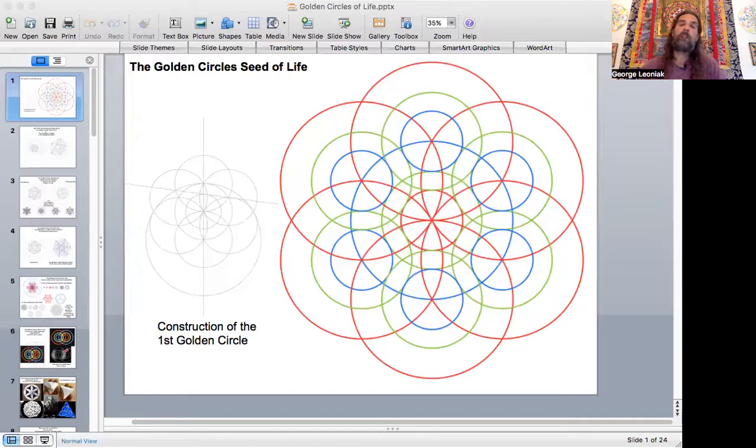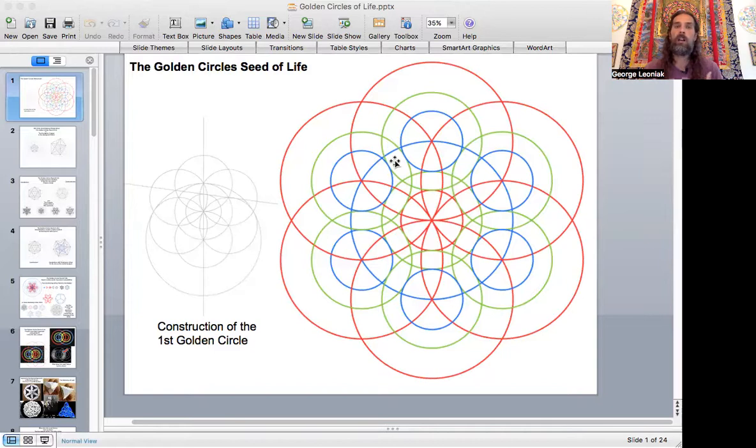To me, it's probably one of the most revolutionary patterns, revolutionizing my understanding in relationship to sacred geometry and how the phi ratio works. That's why it's called the golden circles, because it incorporates a series of concentric circles that are within phi proportion to one another. The blue to the green to the red here are all maintaining a phi relationship.